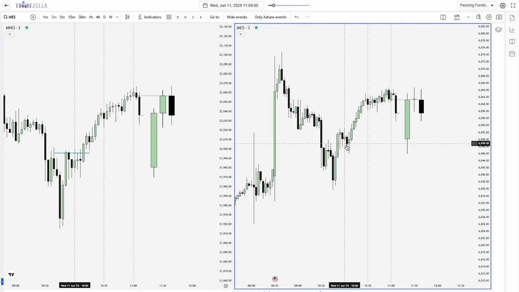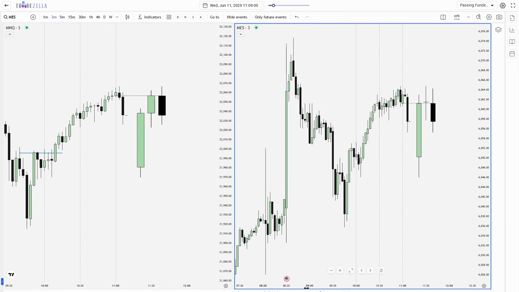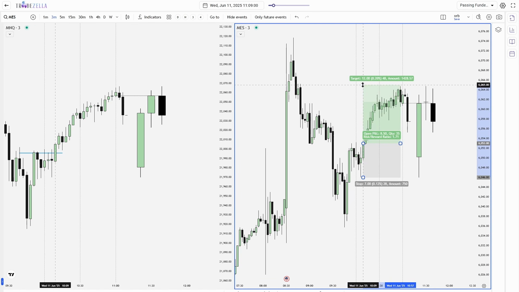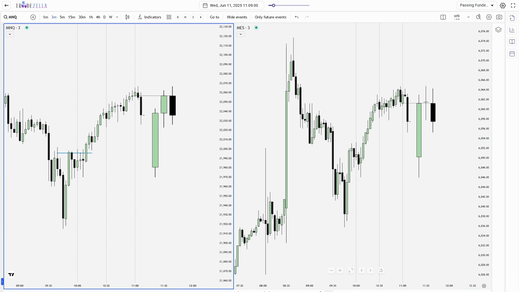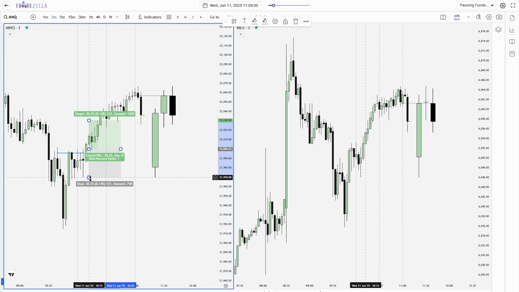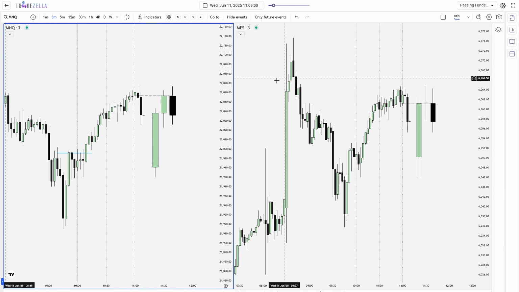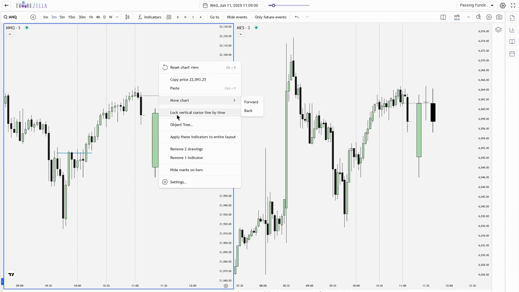We do have an SMT divergence, so the best entry would be here because we have a change in the state of delivery, a continuation order block, and then targeting, which wasn't a 2R. And if we try it on the NQ, which was also not a 2R trade, so that was the loss, which was one loss out of the series.